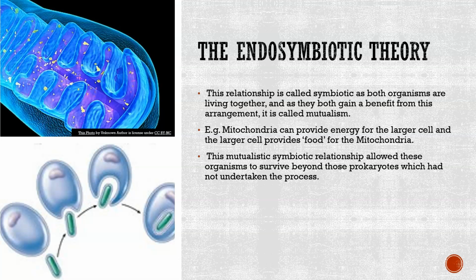This mutualistic symbiotic relationship allowed organisms to survive beyond those prokaryotic types which had not undertaken the process. This is also true for the chloroplast.